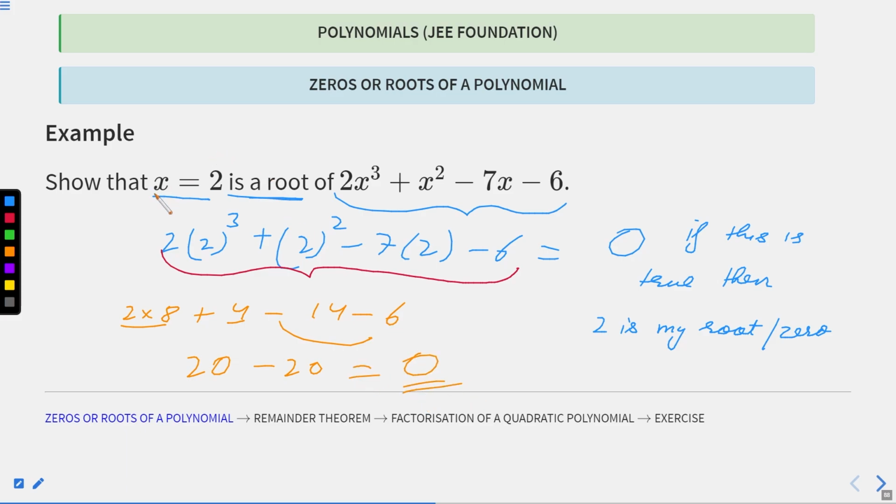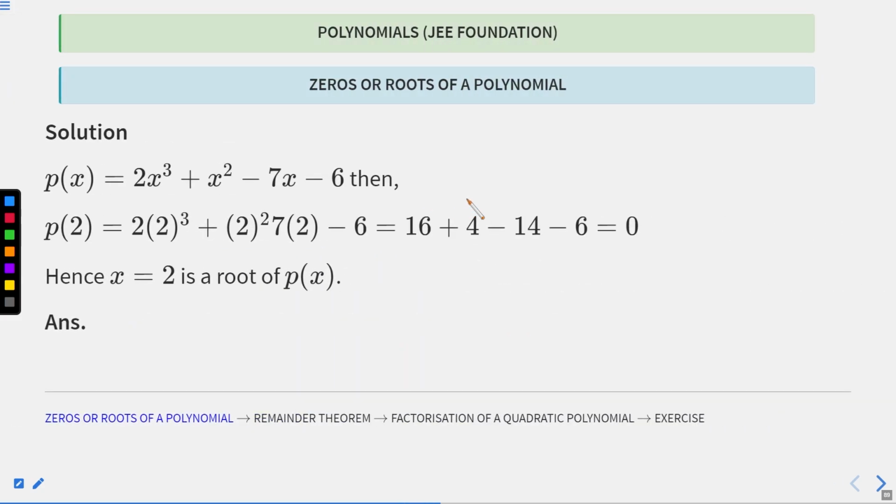So indeed x equals 2 is a root of the given polynomial 2x cube plus x square minus 7x minus 6. I hope this clears it. Okay, let's move to next.